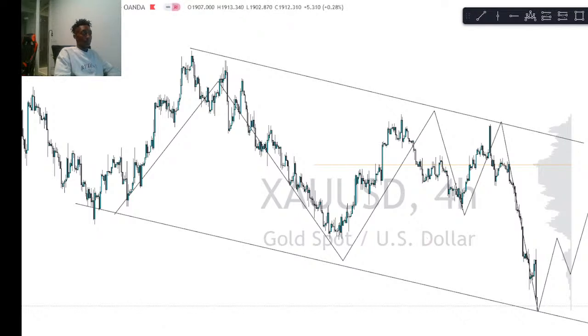And then, this is what we are expecting gold to do. Before we can continue with the analysis, first you need to look at the market in an overall direction, knowing that the market is moving in a downtrend channel.